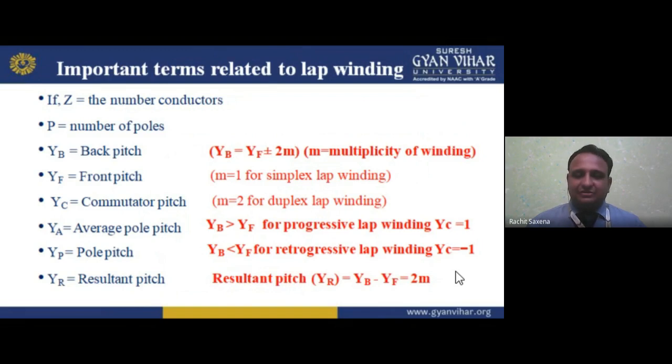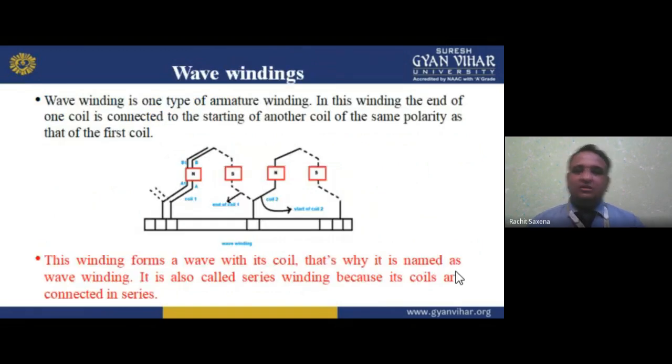Now moving forward, wave windings. Now we are talking about wave windings, my dear student. Wave winding is one type of armature winding. In this winding, the end of one coil is connected to the starting of another coil.